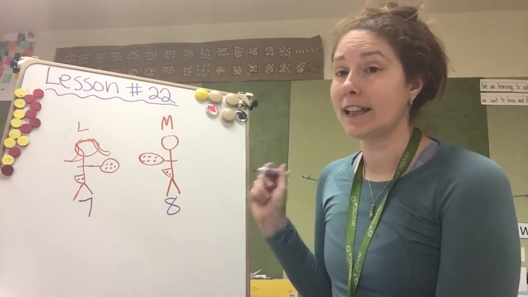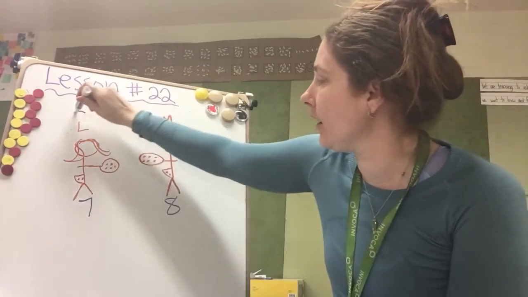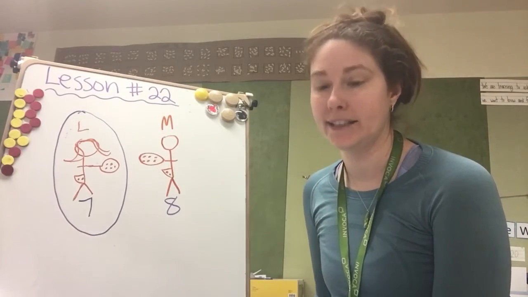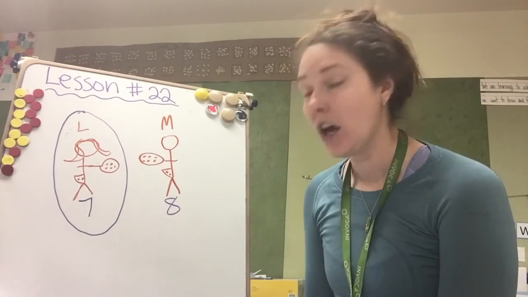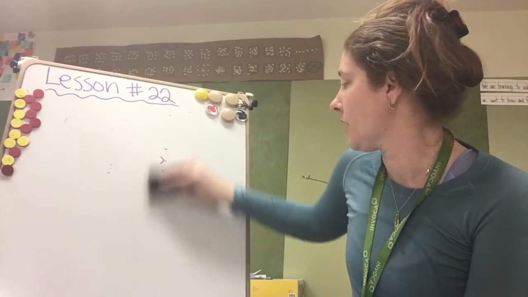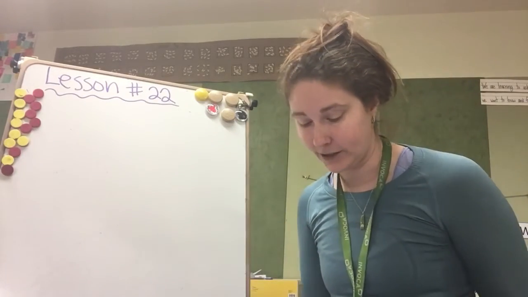Circle who has less. So here I go. Who am I going to circle? Yes, of course. Lisa has less pennies than Matt. Awesome job, because I know you guys all figured that out. Okay, so I'm going to erase that, so we can use our board for something else later.